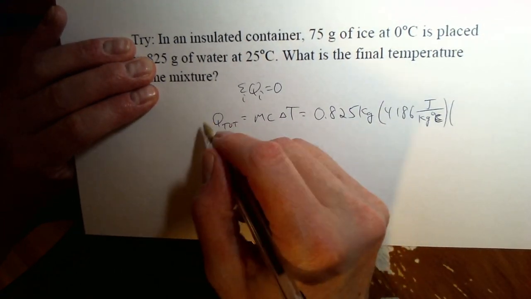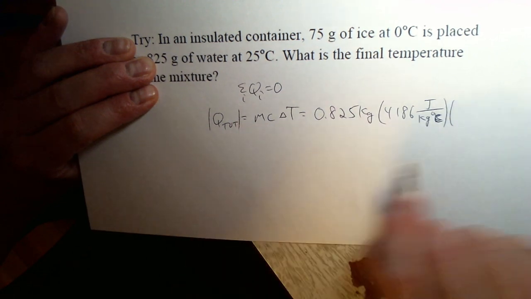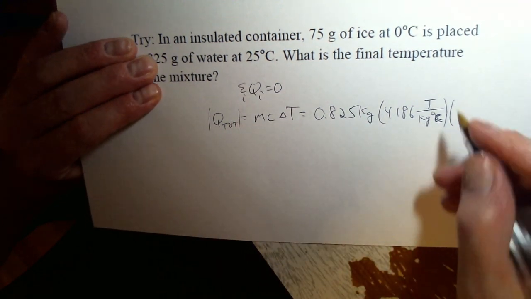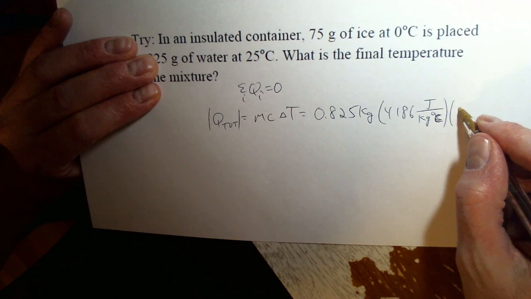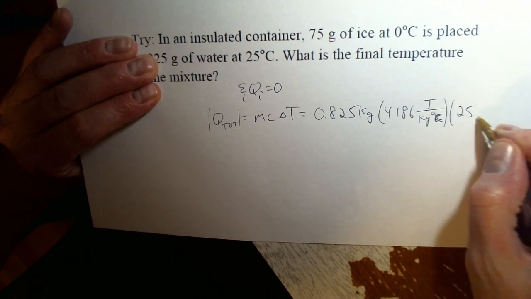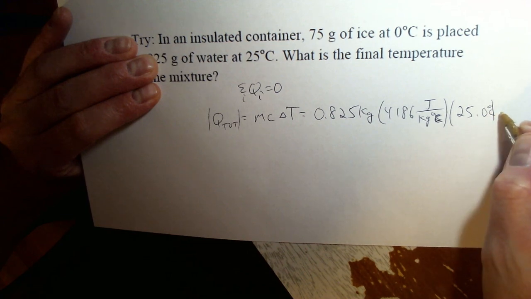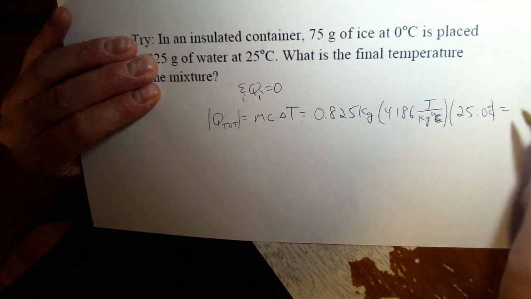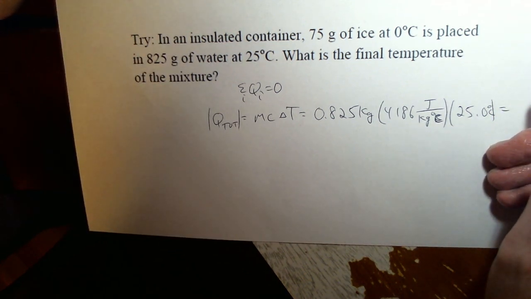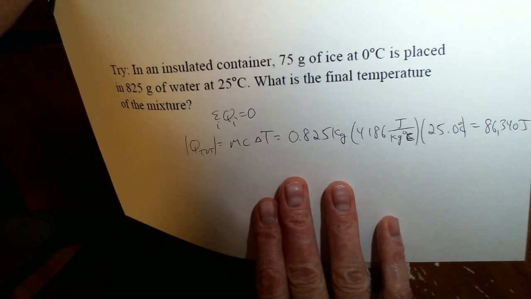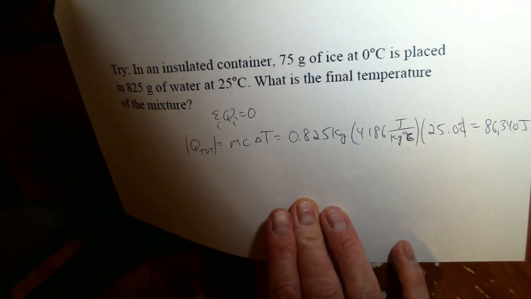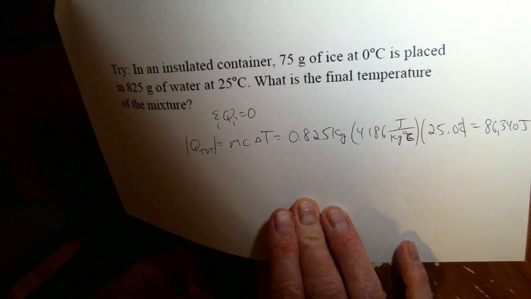I'll take the absolute value because I want to see what the magnitude of it is. So the absolute value of that is 25 degrees centigrade. And put that in my calculator and come back in a second. So it's just under 86,340 joules.